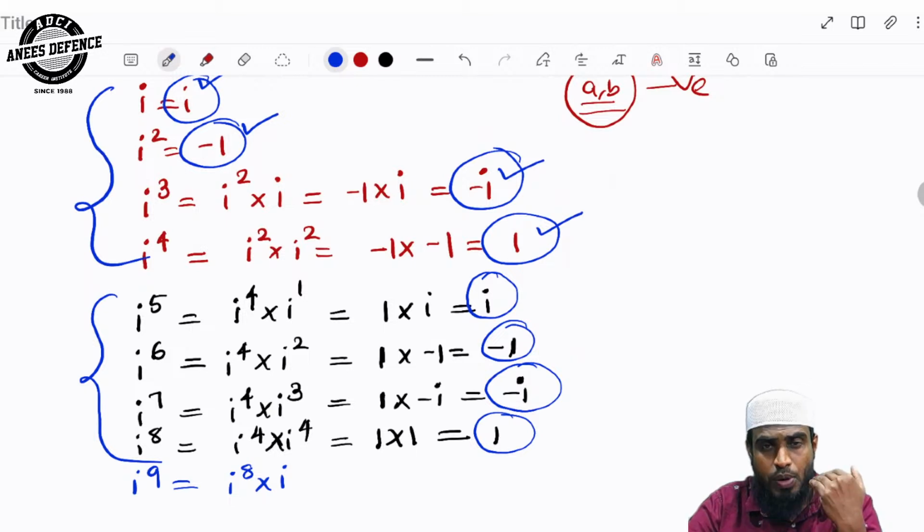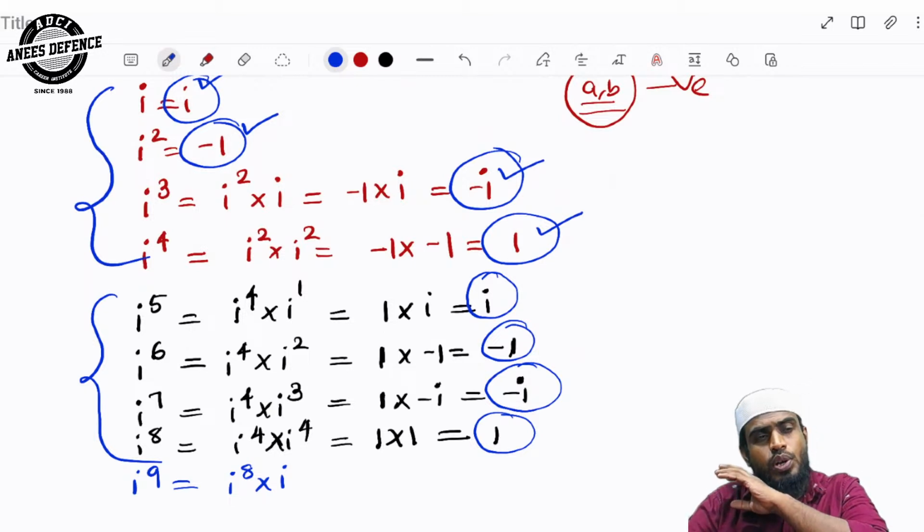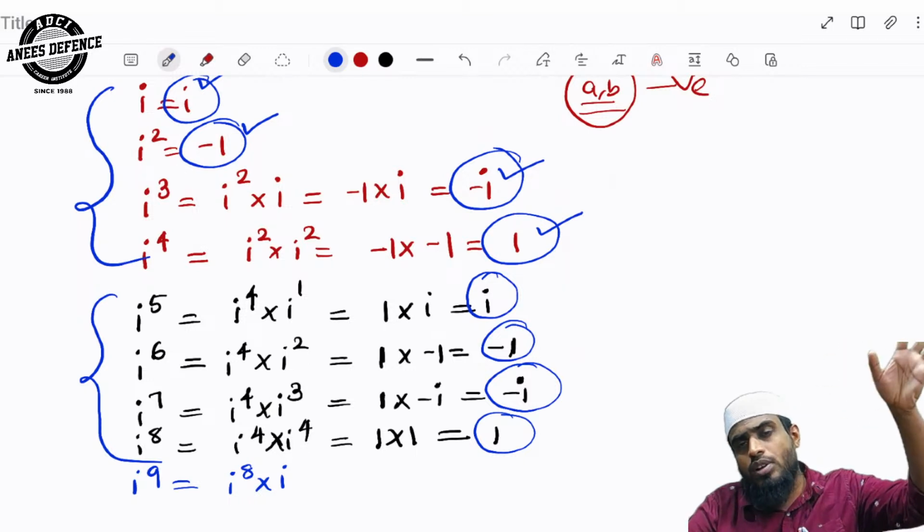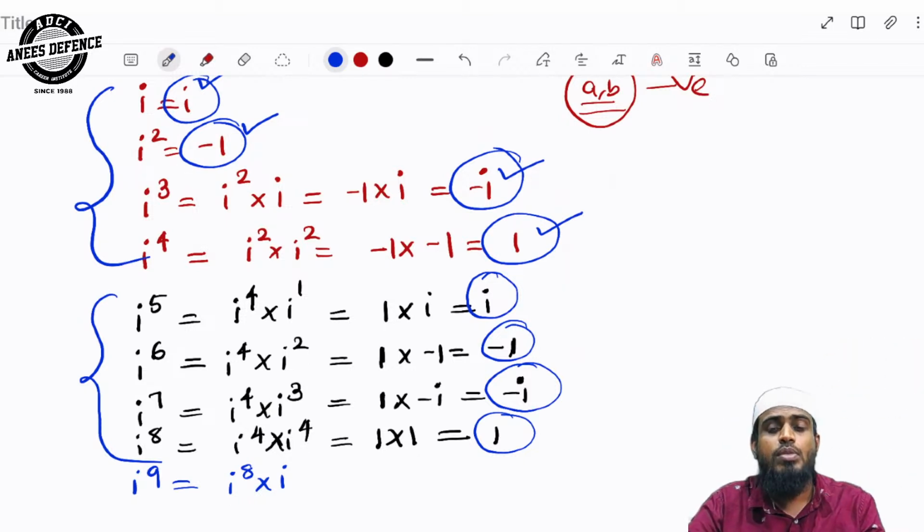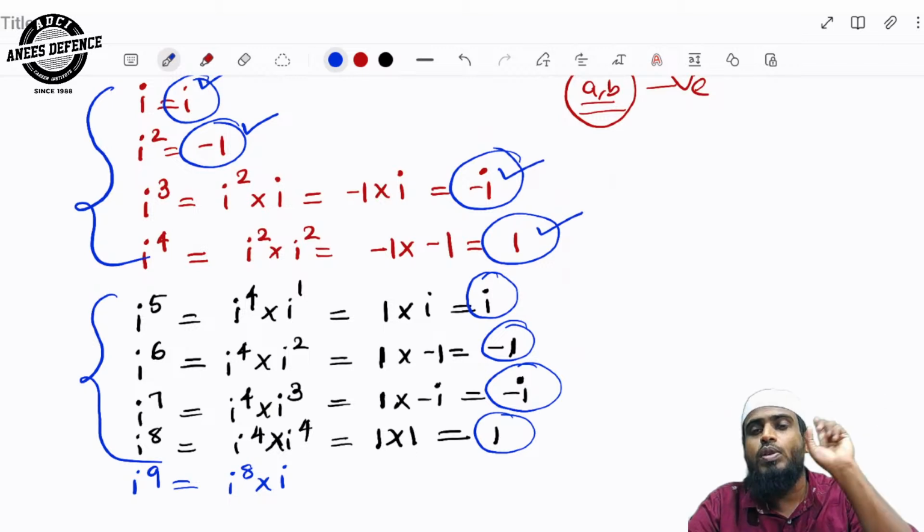If 8 is a multiple of 4, then going to 100 or 200 or 300, 100 is a multiple of 4, 200 is a multiple of 4, 1000 is a multiple of 4, 10,000 is a multiple of 4. So I raised to 10,000 will also become 1.